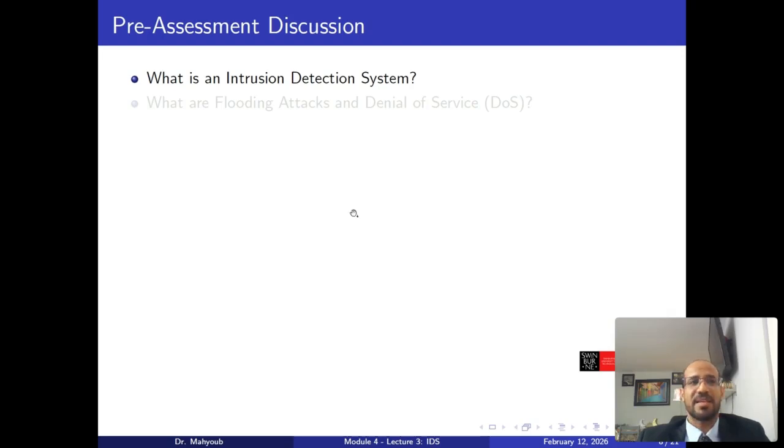That's correct. So the next question, what is a flooding attack and what is a denial of service attack? Anyone has an idea? Okay, yes, go ahead, please. Great, thank you. So a flooding attack sends a very large number of packets to overwhelm a system, often causing what is called a denial of service condition or attack.